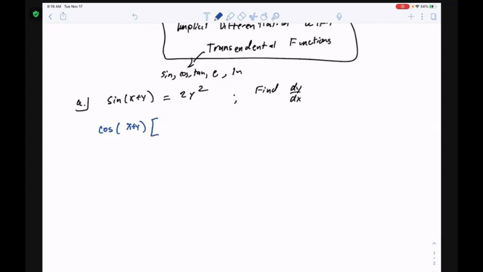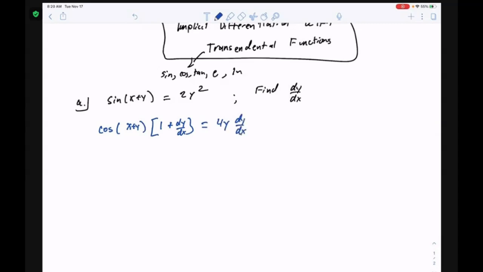Correct. Times 1 plus dy dx. Yeah. Okay, and then you have equals 4y dy dx.